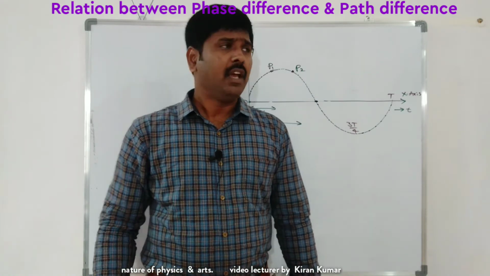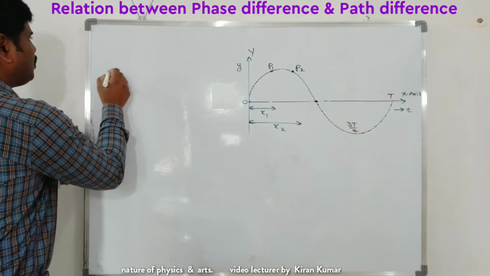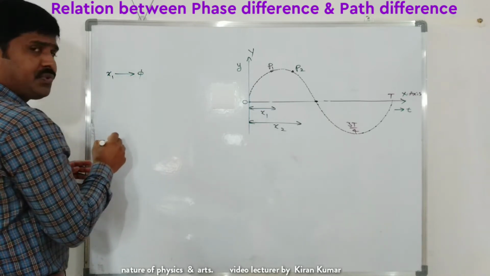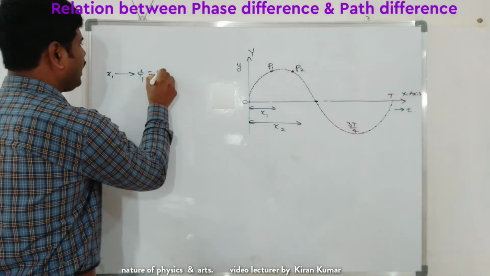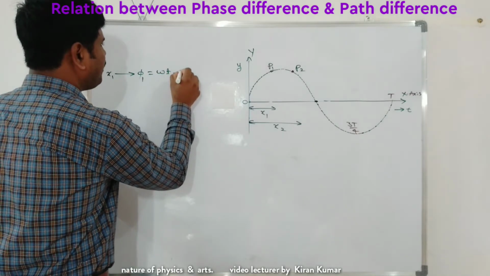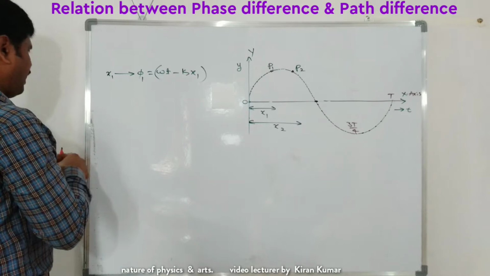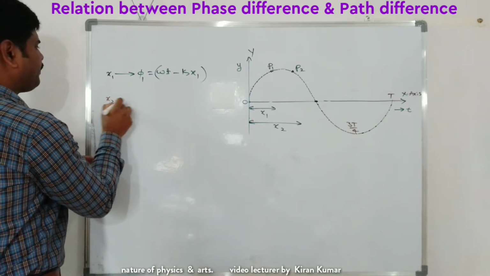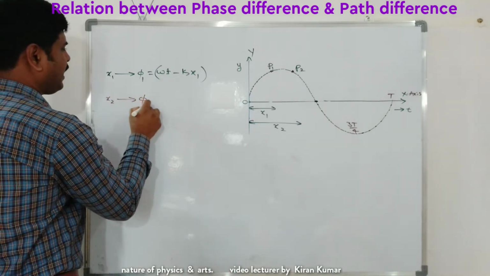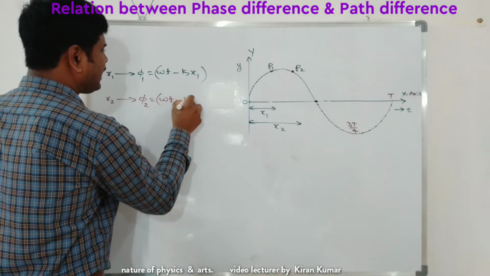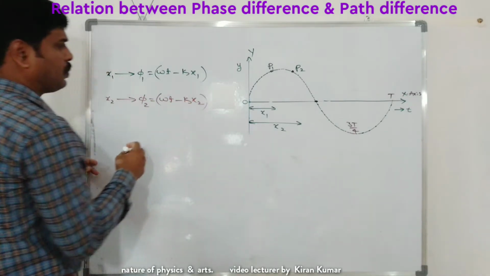See, for the x1 position, the phase is considered as phi 1. Phi 1 is equal to omega t minus kx1. For the x2 position, the phase is phi 2, which is equal to omega t minus kx2.